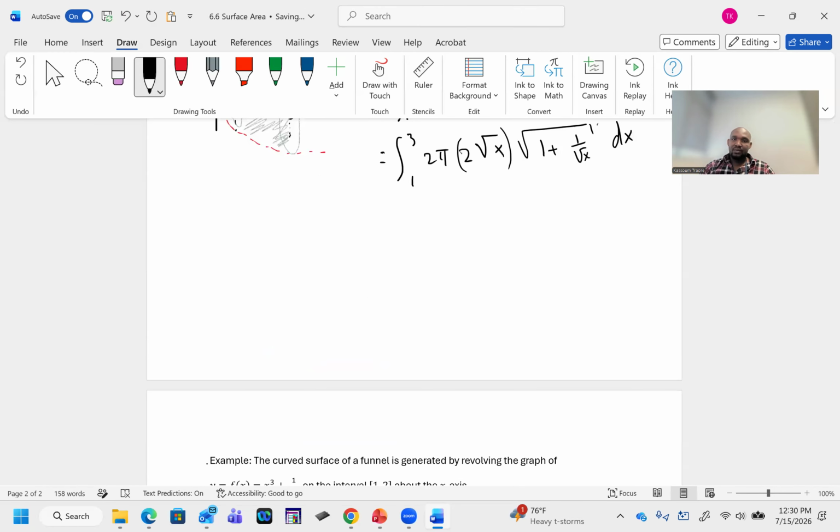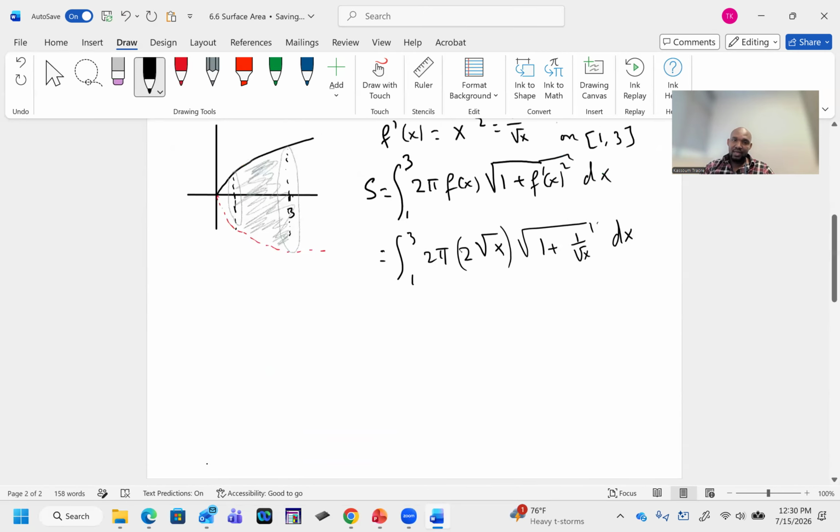You know, 2 pi times 2, that's 4 pi, that can go out. So I will have 4 pi, the integral from 1 to 3. And this square root of x is just like x to the power of 1/2 times 1 plus 1 divided by square root of x squared. Right?